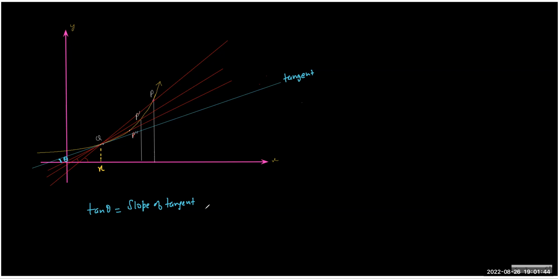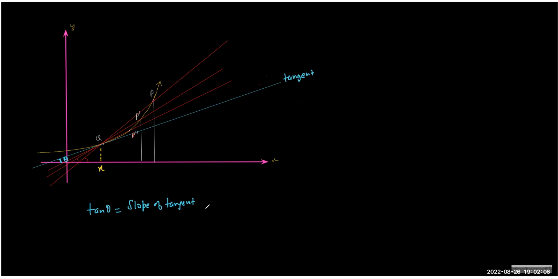So if you bring a very small change, then you won't be able to see the two separate points, because those 2 points are almost coinciding. And the secant, even if you try to draw mentally, is a very good candidate for tangent.